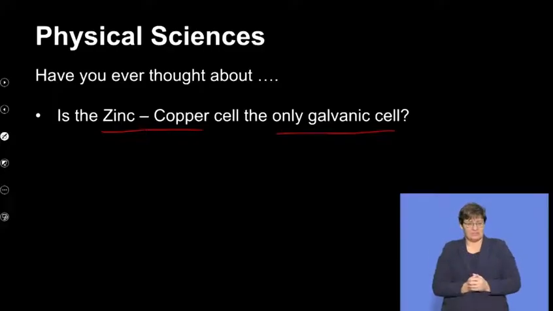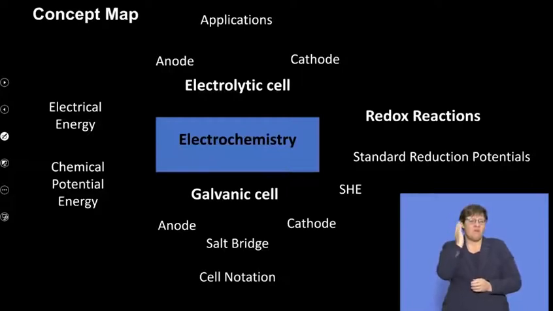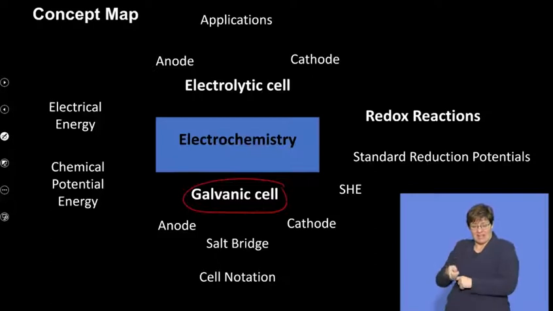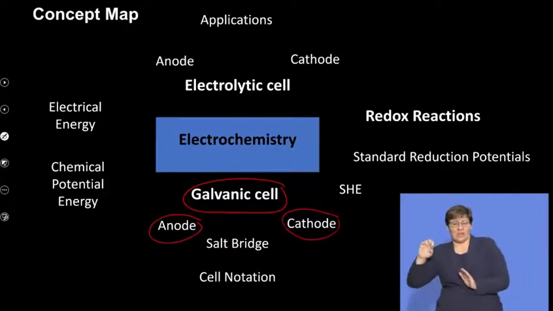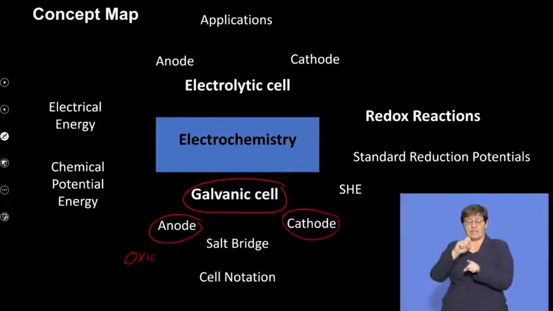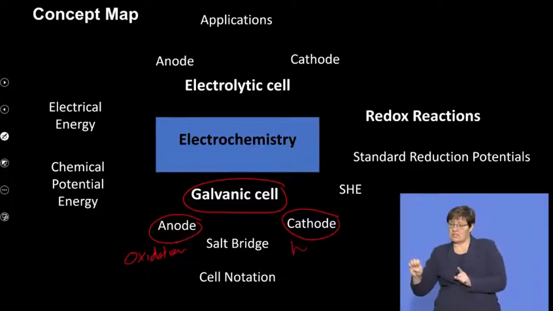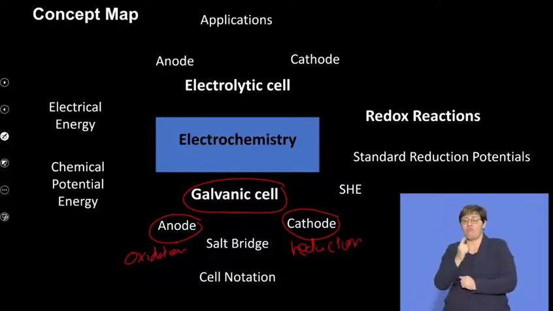So you'll remember that in electrochemistry we've got the galvanic cell, which we've spent some time on. We focused on the fact that it has an anode and a cathode. The anode is where oxidation takes place, and the cathode is where reduction takes place, because we look for the red cat and we look for an ox.